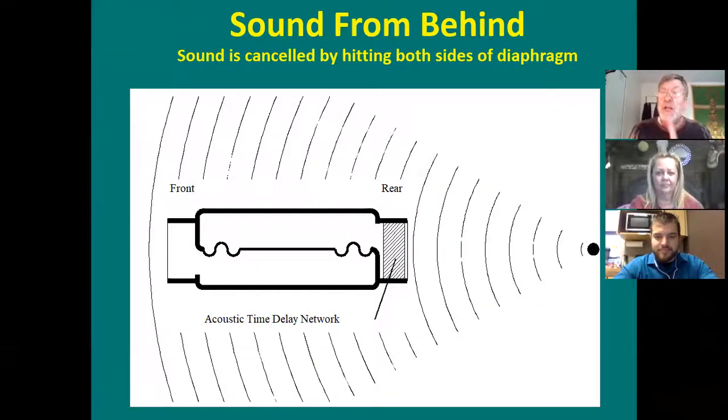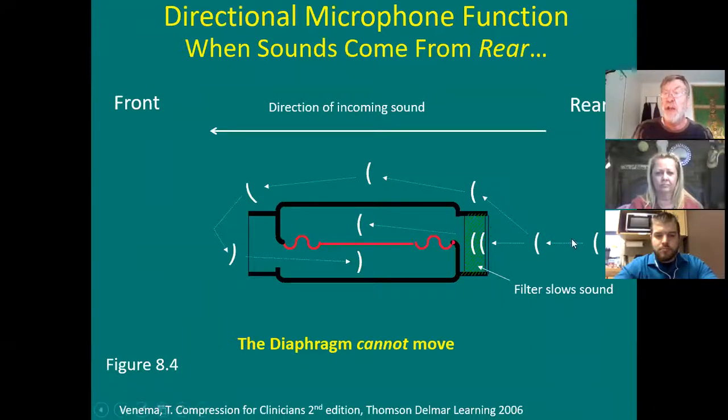But now look at what happened when sounds come from the rear. There is a filter stuck in one door. Okay, so watch what happens here. Sound would come in and it slows down because of that filter.